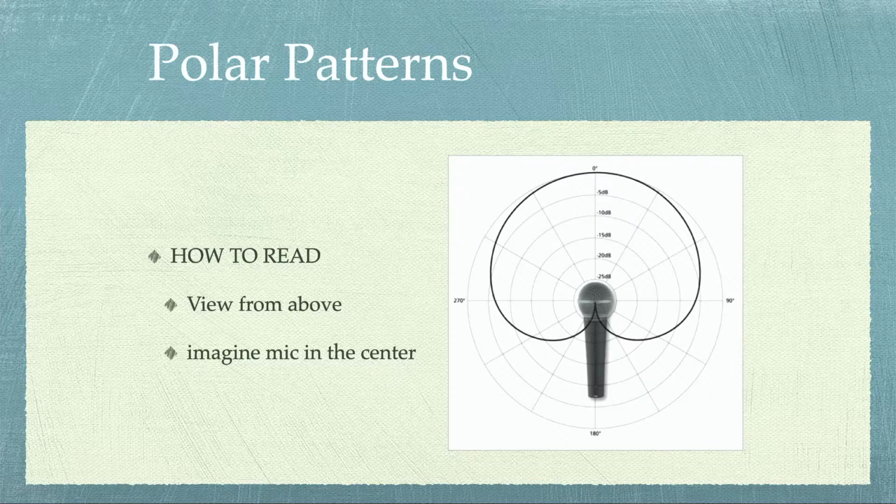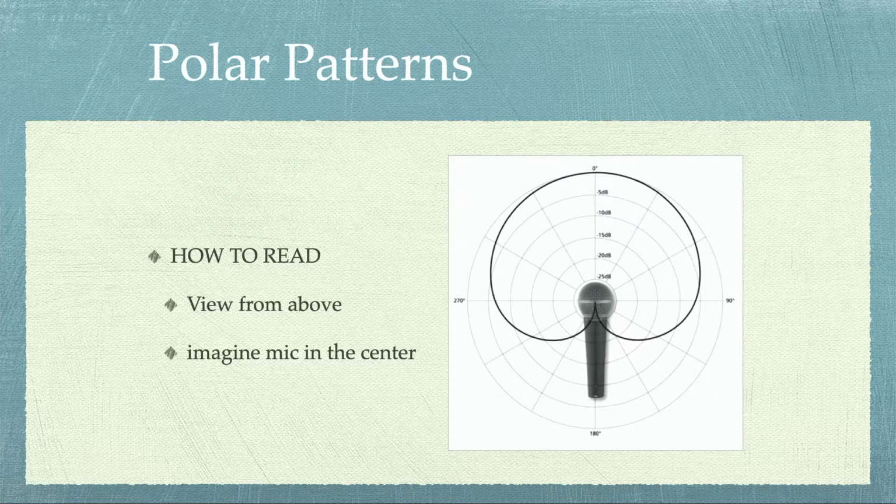Okay, so a polar pattern tells us how a microphone picks up sound. Imagine that the microphone is in the middle, pointing straight up, and you're looking at it from above. In this circle, the closer the black line gets to the outside of the circle, the more sensitive the microphone is.